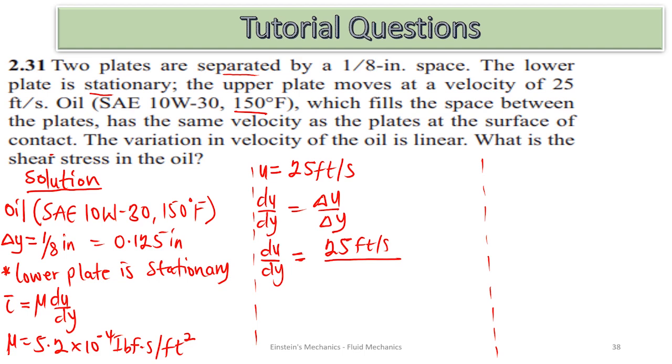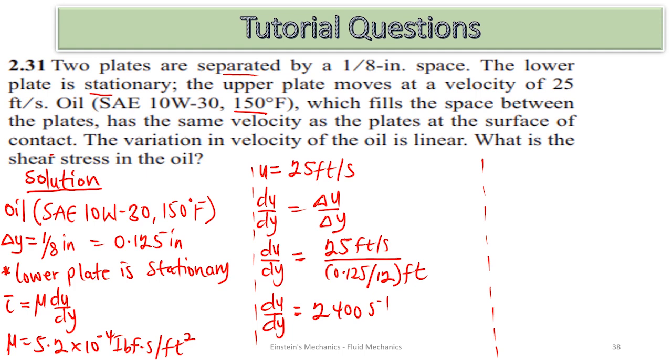So this, which is change in y, will be 0.125 divided by 12 to convert from inch to feet. Very good. So that will be feet now. And this du dy, that's the rate of strain, will be 2400. Look at the unit, per second.